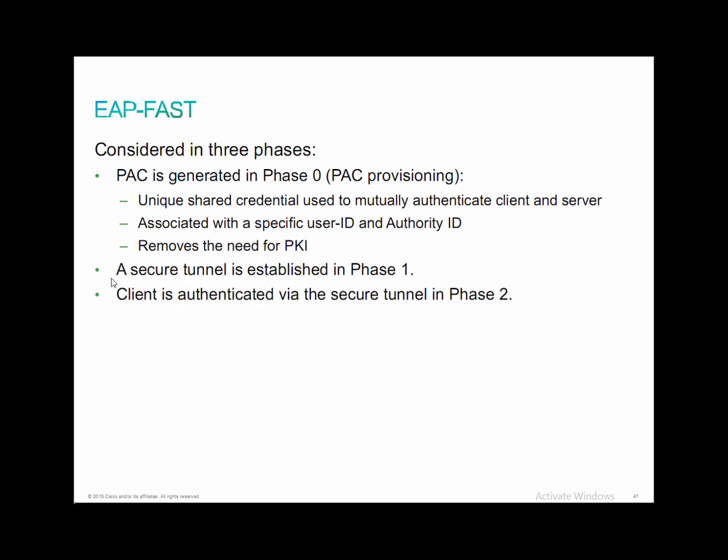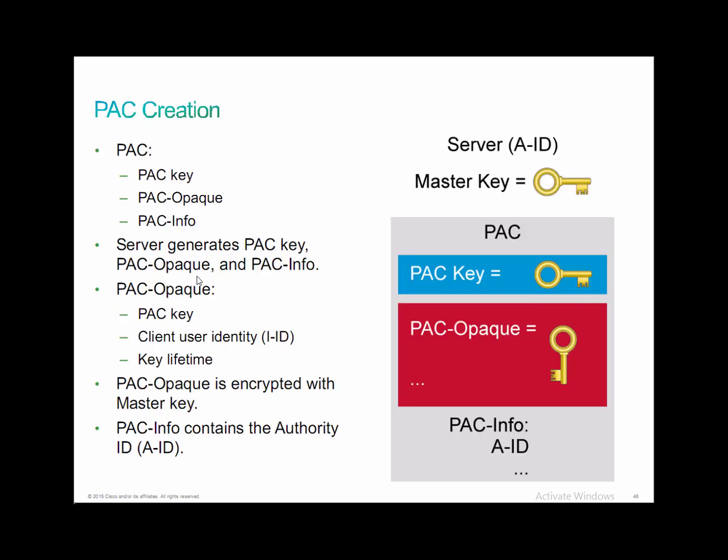All right. So a key element in this whole EAP-FAST process is the PAC itself, which replaces the certificates that we saw with EAP-TLS. PACs are unique shared credentials that are used to mutually authenticate the client and the server. Mutually authenticate. So we have the client authenticating the server and the server authenticating the client.